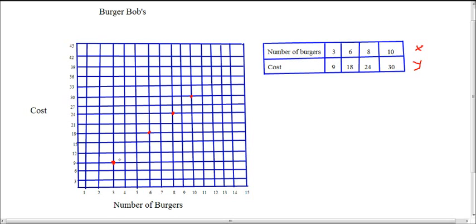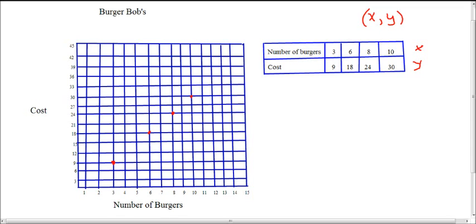We want to make sure that when we plot, we always plot x first and then y in an ordered pair. X is 6 and y is 18, x is 8 and y is 24, and x is 10 and y is 30.